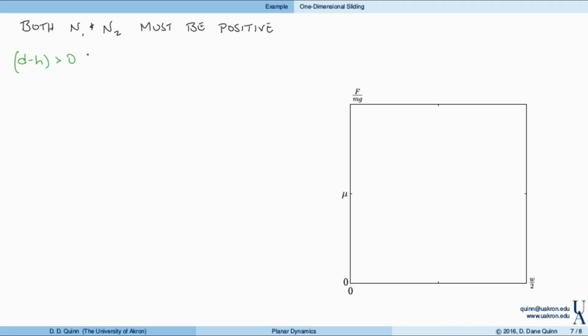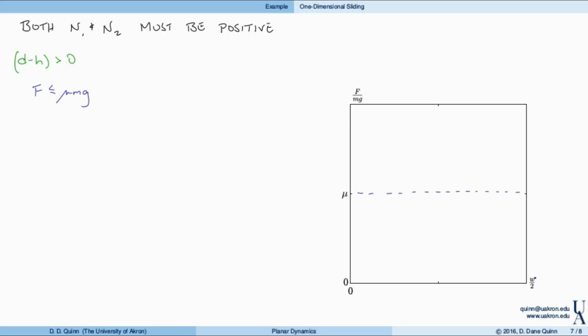Once again we have stick or slip. If F is less than or equal to mu mg, then we have stick. Here we're going to plot the behavior of the system in either stick or slip, or what we'll call rock or roll, as a function of W over 2.